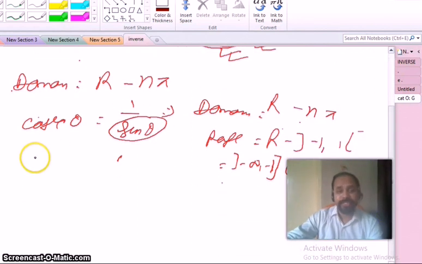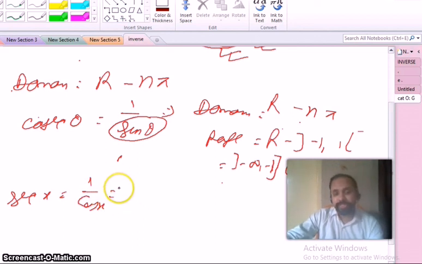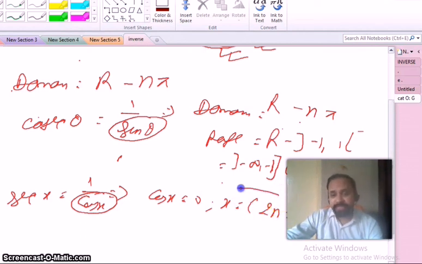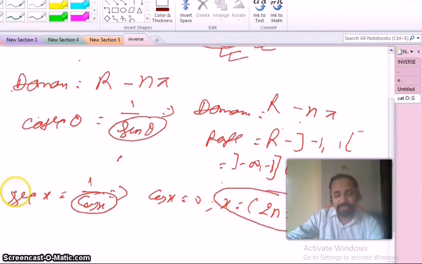So cosec is done. What about sec? If we are writing sec theta, that means 1 by cos theta. Sec theta is defined when cos theta is not equal to 0, and cos x is 0 when x equals an odd multiple, (2n plus 1) pi by 2, as we just told you. At the values where cos theta is 0, obviously sec theta is not defined.